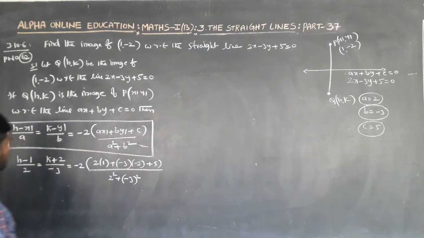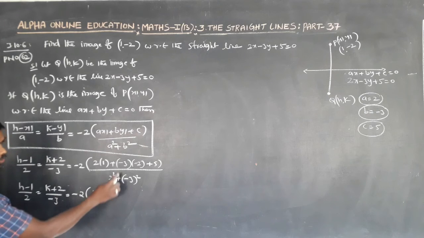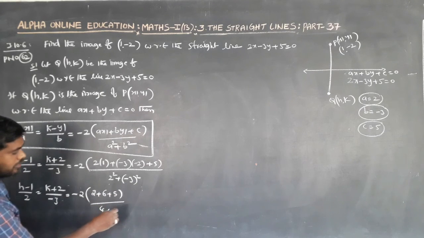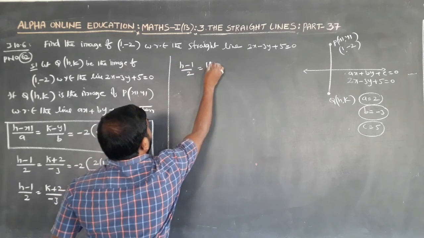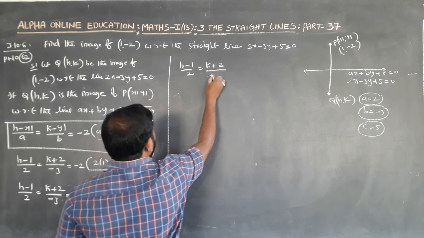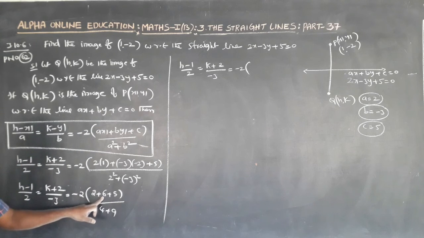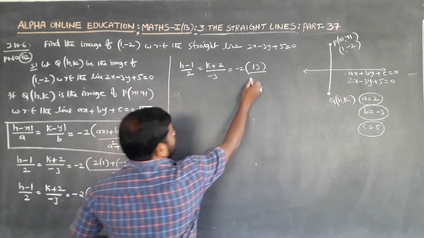So (h minus 1) by 2 is equal to (k plus 2) by minus 3 equal to minus 2 of (2 into 1 is 2, minus into minus plus 3, 2 into 3 is 6, plus 5), by (2 square is 4, minus 3 whole square is 9). So (h minus 1) by 2 is equal to (k plus 2) by minus 3 is equal to minus 2 of (2 plus 6 is 8, 8 plus 5 is 13) divided by (4 plus 9 is 13).